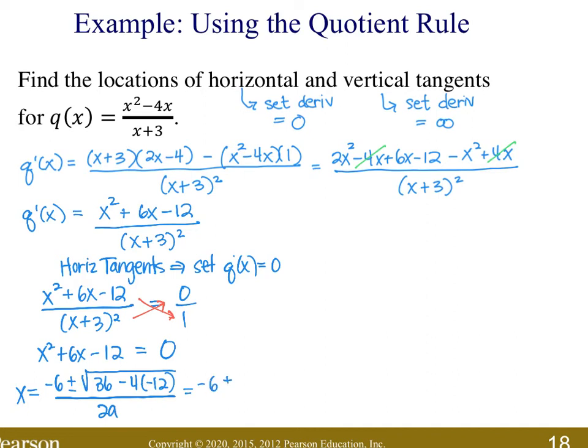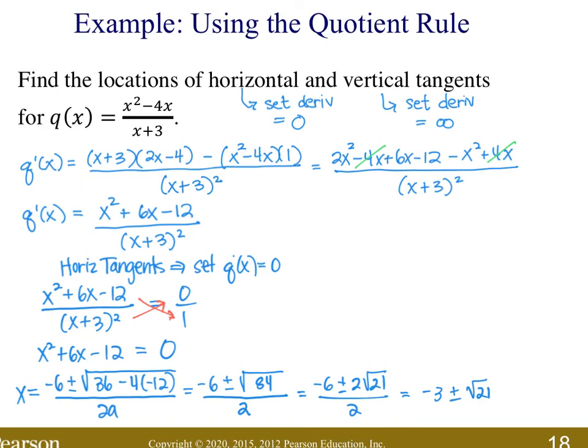So negative 6 plus or minus the square root of 36 plus 48, which is 84, all over 2. Now 84 can be simplified and broken down. So negative 6 plus or minus 2 root 21 over 2. So reducing, negative 3 plus or minus the square root of 21.